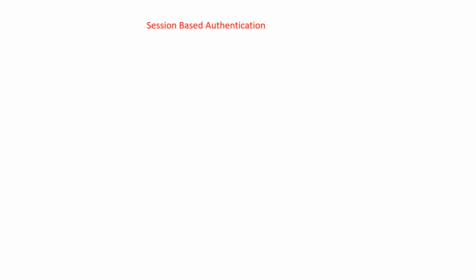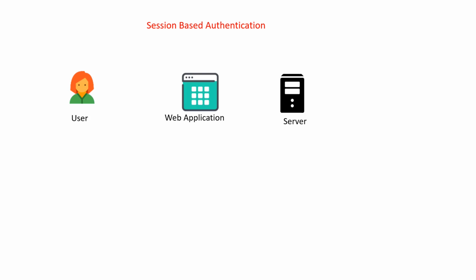Now let's understand how session-based authentication works. In the typical scenario we have taken, we have a user, a web application, and a server. If a user wants to access some resources on the server, or maybe run some APIs, first they have to prove their credentials.